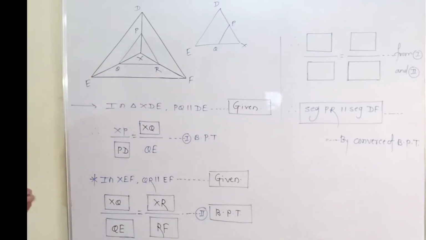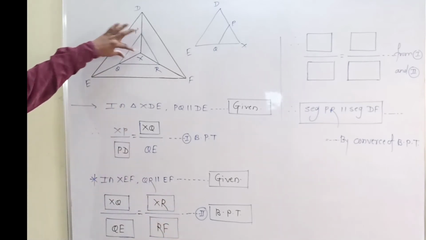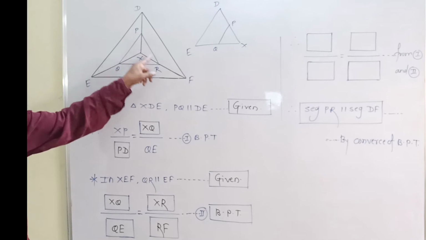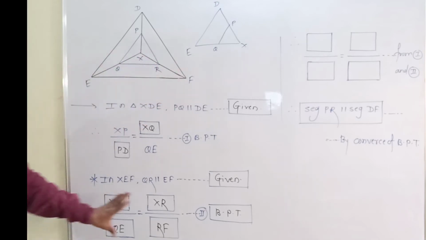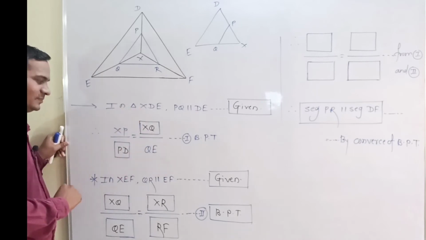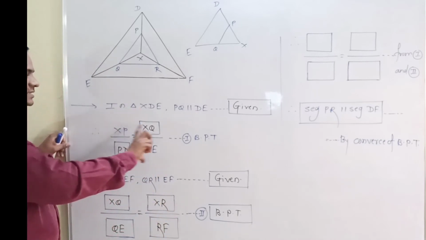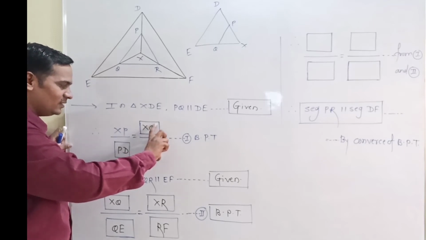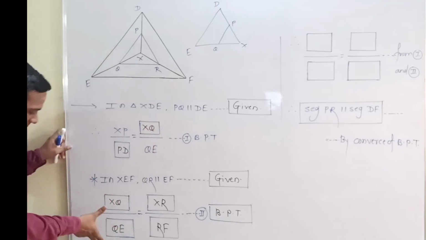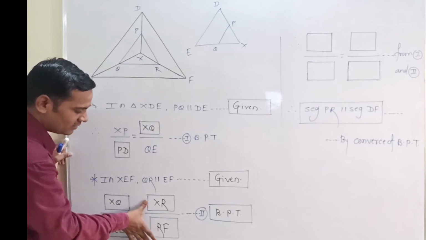Okay, now this is equation number 2. XQ upon QE is equal to XR upon RF. Now look at equation number 1 and 2. In equation number 1, XP upon PD is equal to XQ upon QE, and the same XQ upon QE ratio is equal to XR upon RF.